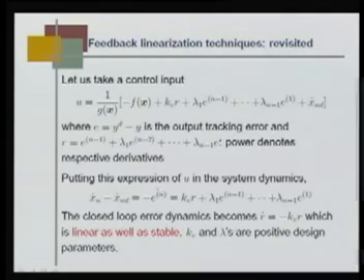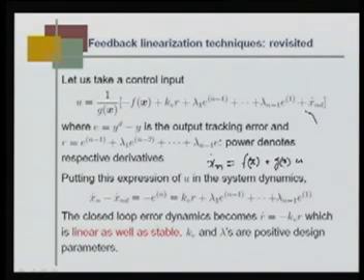Now putting this expression of u in the system dynamics. The system dynamic is simply x_n dot is f(x) plus g(x)u.